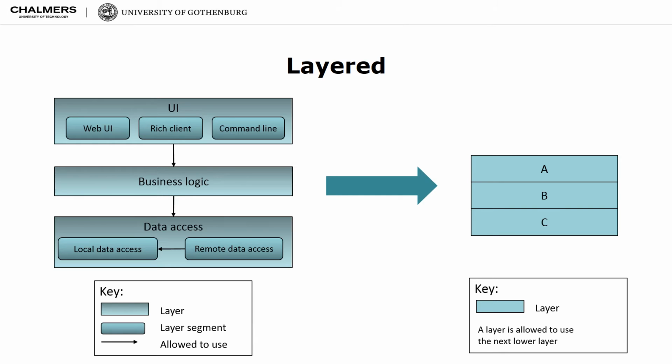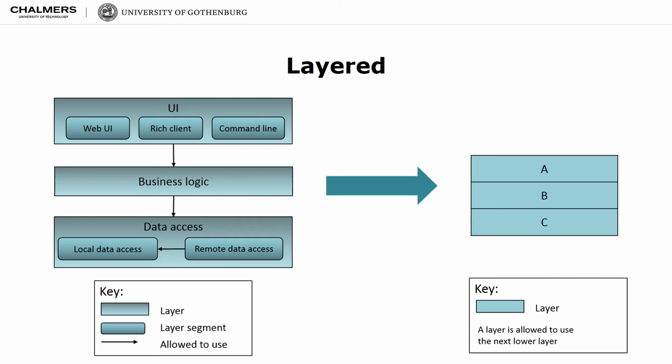Thus, smaller applications may have only 3 layers, while larger and more complex business applications may contain 5 or more layers. Layers are almost always drawn as a stack of boxes.